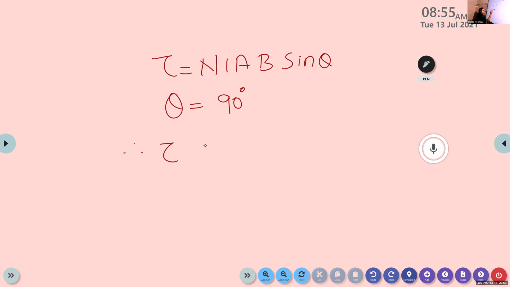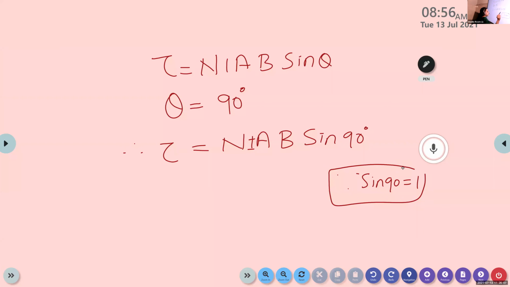Therefore, we can write τ = NIAB sin 90. What is the value of sin 90? Sin 90 is equal to 1. Therefore, τ = NIAB.